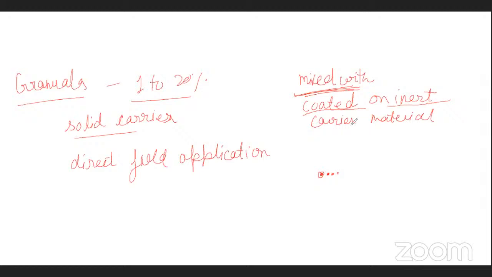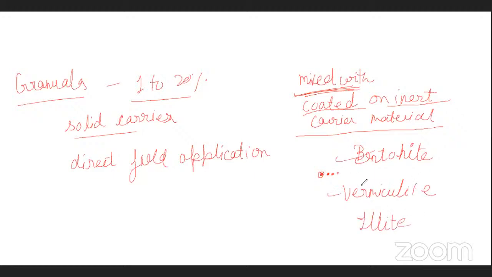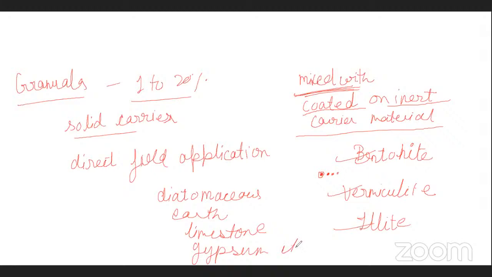These inert carrier materials may be clay particles like bentonite, vermiculite, attapulgite, which you have studied in soil science, and also diatomaceous earth, limestone, or gypsum, and sand can also be used.